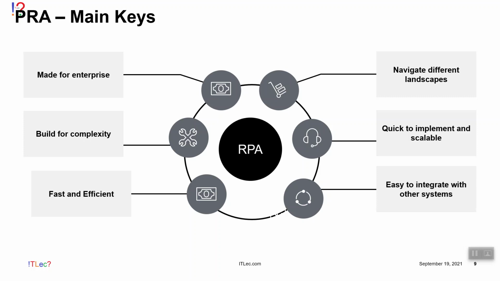No need to know API specifications, only the GUI is enough. It is made for enterprise, to handle huge amounts of repetitive tasks, and it is built for complexity. By integrating with AI, it can handle complex scenarios, and the result will be fast and efficient.